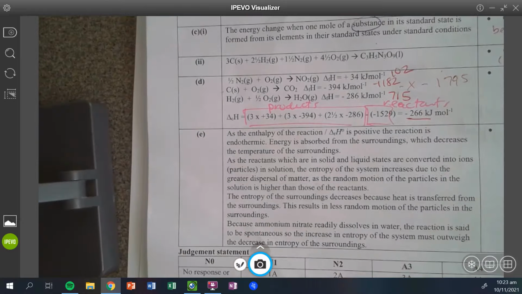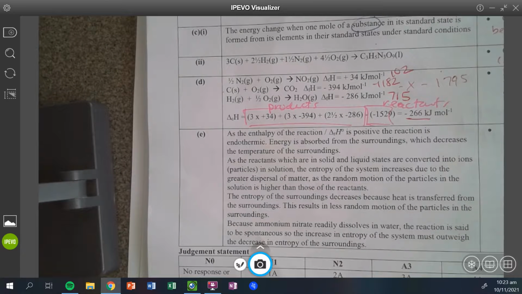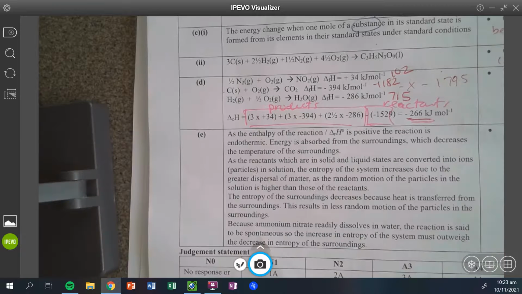So energy released subtracted from the energy required, and that gives you a net value. The other way you could have done it is probably using the long way of Hess's law and actually writing out all the equations. All right, next one.